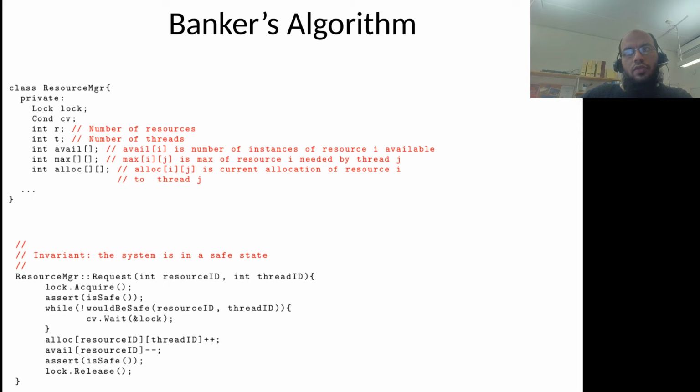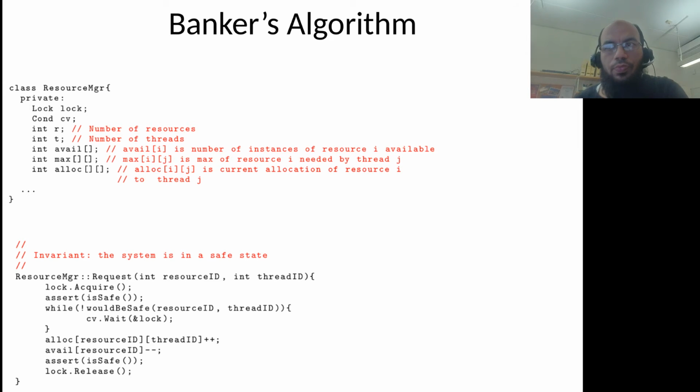If there's enough capacity, this request, which is basically a thread, will be scheduled. If not, then it will not be scheduled. You start by acquiring a lock, checking that it's safe to proceed. If it's not safe, you basically block and do nothing.